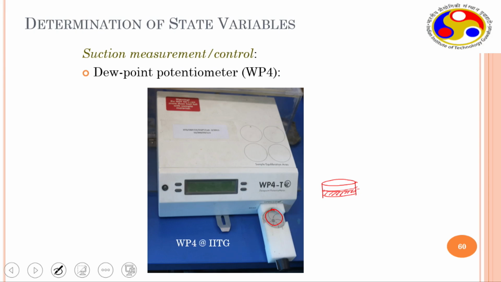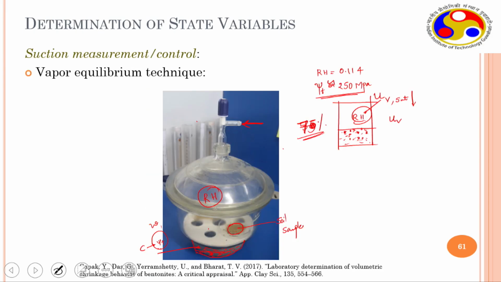So this is a WP4, and this was already mentioned because we discussed the change in the RH due to the presence of salts. Because the chemical potential of the water decreases with increase in salt content, we actually have a salt solution placed here. Under the same vapors, the samples have been kept, so we are trying to equilibrate, right?